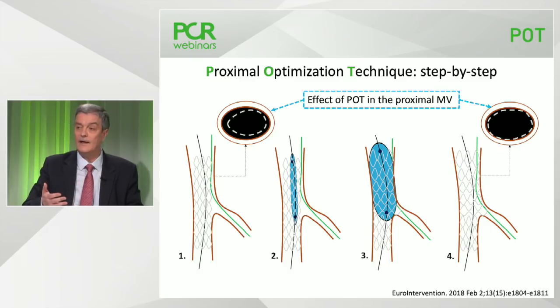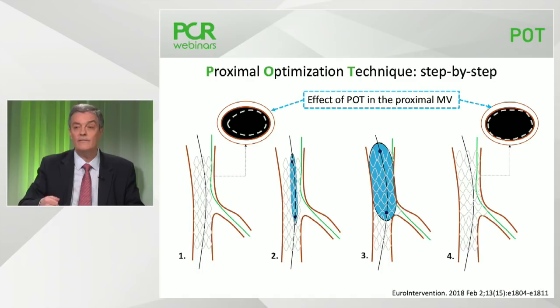If you go outside, there is a risk of dissecting the proximal edge. So you should select the balloon length according to the stented proximal main vessel segment to be inside the stent. You position the distal marker in front of the carina, and you select the diameter, of course, according to the proximal main vessel diameter, which is usually 0.5 millimeter or at least one millimeter bigger, depending on the bifurcation.